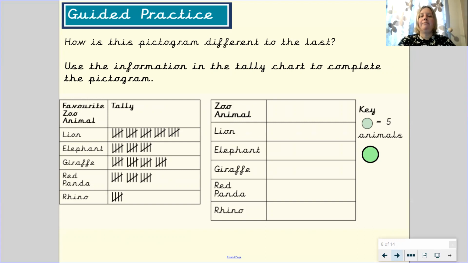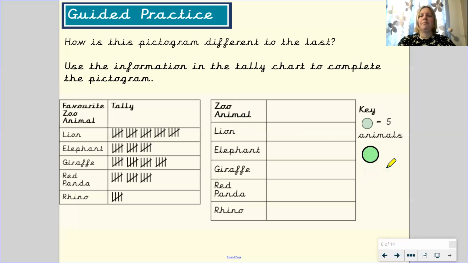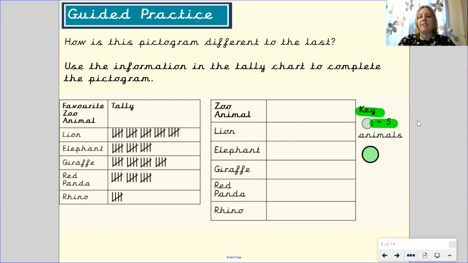Pause your video now. Did you spot something that was different in the pictogram this time? That's right, our key is different because a circle is equal to 5. So each circle represents 5 animals this time around.